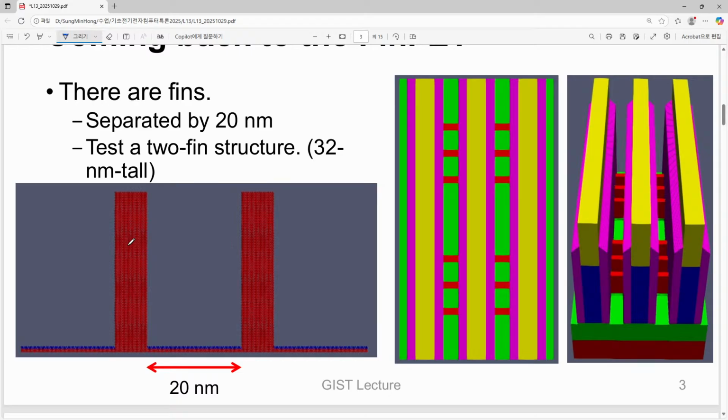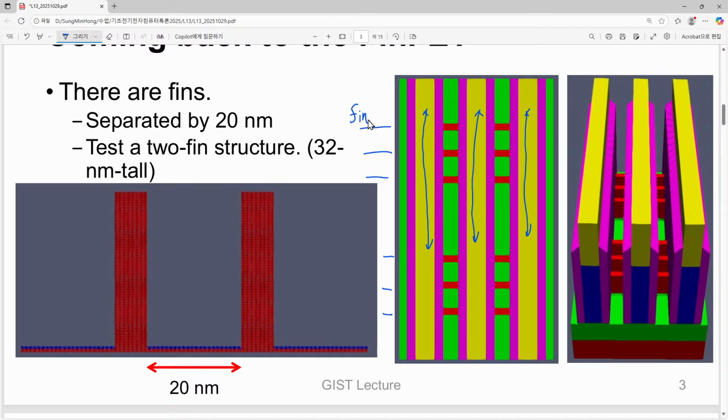Here you can see the final structure we have considered up to now. There are three vertical lines corresponding to the dummy gate, and these horizontal lines are corresponding to fins.